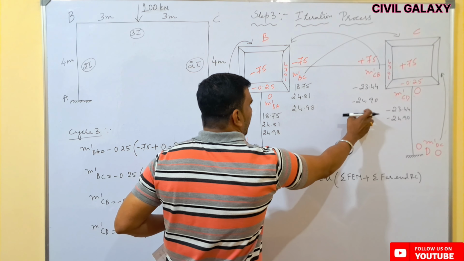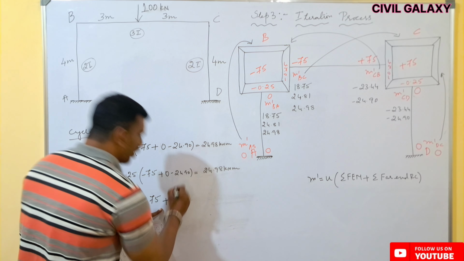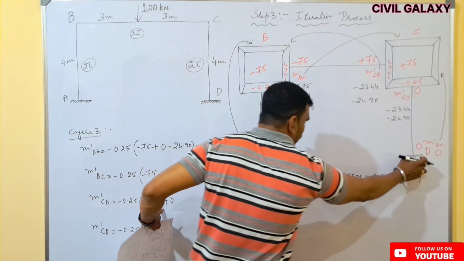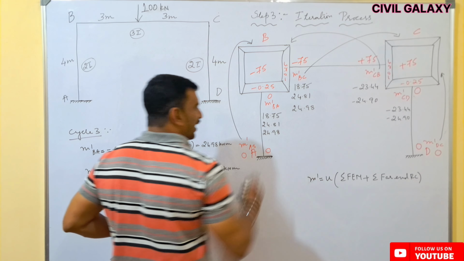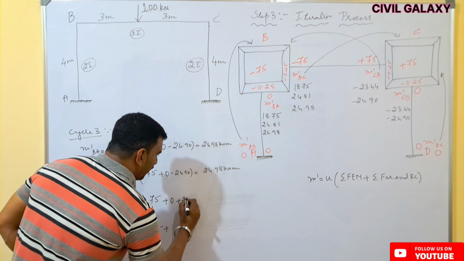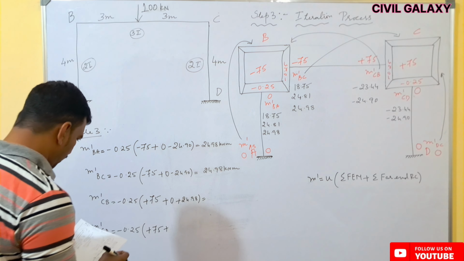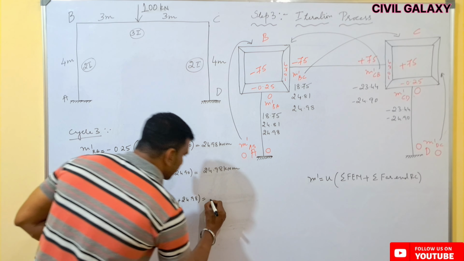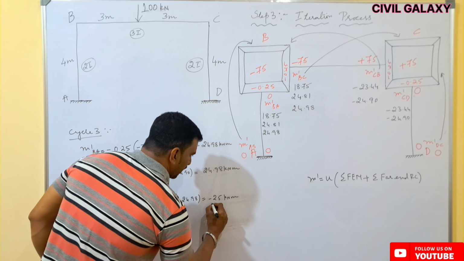So if you want to find out m dash CB, the rotation contribution about here is 0, it is m dash DC, plus the new iteration value which is plus 24.98 kilonewton meters, which is equal to minus 25 kilonewton meters.